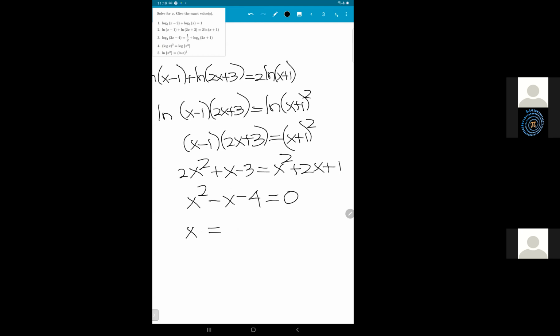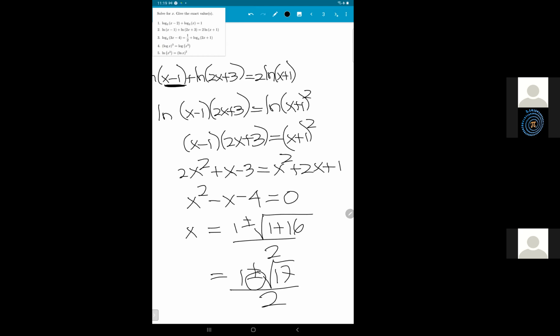although I won't be giving one like this in the exam where you have to use the quadratic formula, using the quadratic formula, we have negative b plus minus square root of b squared minus 4ac over 2a. So 1 plus minus square root of 17 over 2. And I think you will have to omit the one with the negative since it will make this one negative.